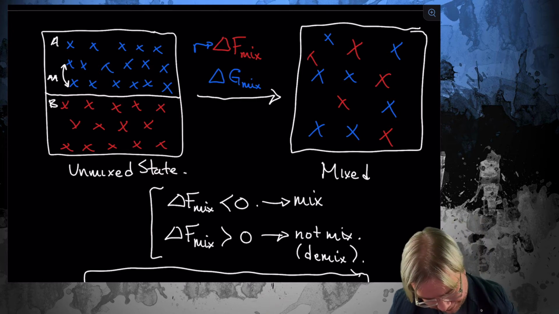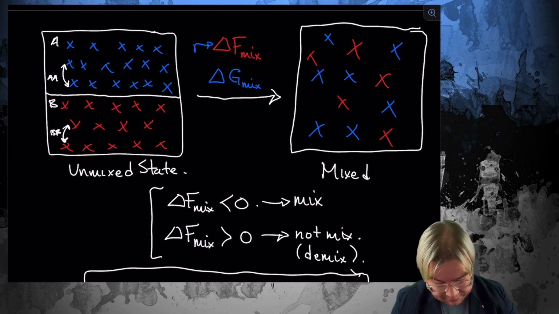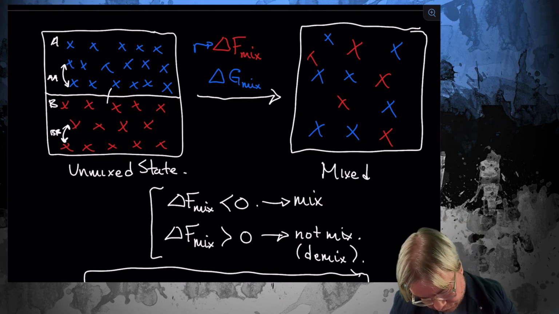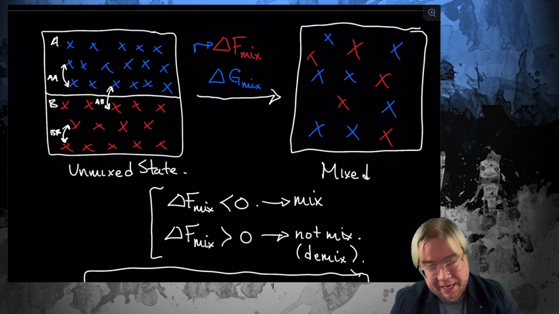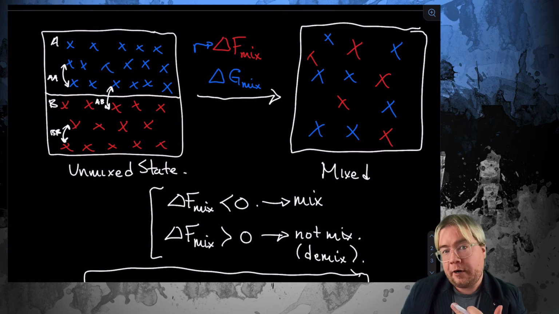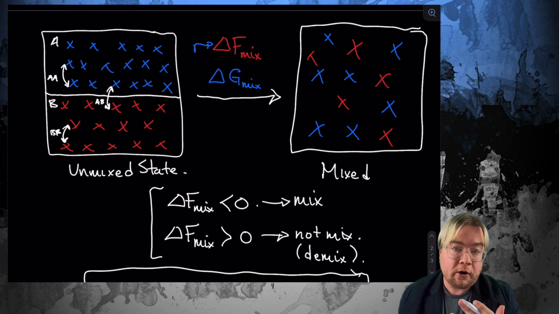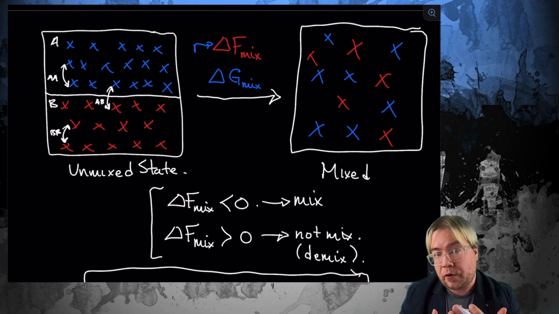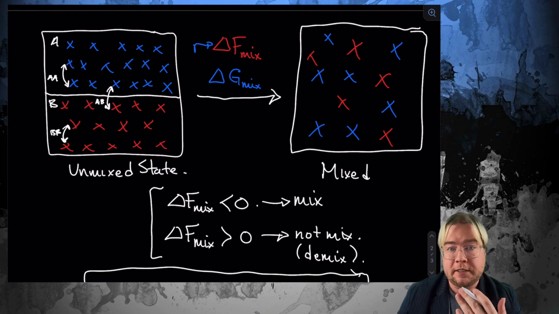The strength of an AA interaction will be the same strength as a BB interaction, which will be the same strength as an AB interaction. So from an energetic standpoint, a blue particle doesn't care whether it's surrounded by red particles, blue particles, or a mixture, because the energetics, the strength of the interactions between them, are the same.